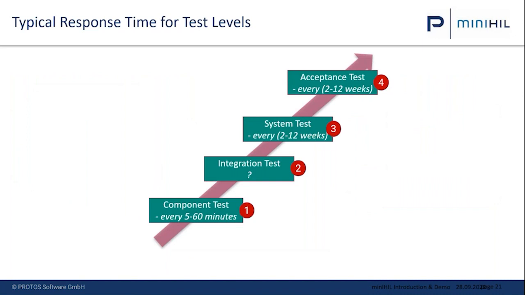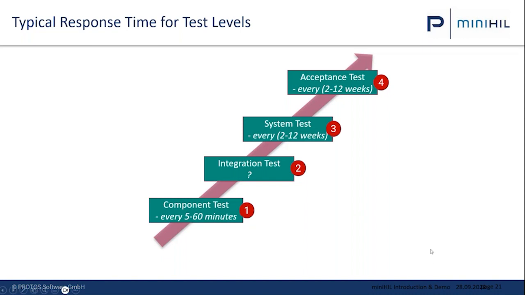So now, what are the typical response times for the different test levels? Because that's essentially what we want to achieve. We want to achieve a very, very fast test cycle. For a component test, for example, a unit test or software integration test, usually you get a response time of a couple of minutes. So you push the button after every change and the test runs. That's easy to do, easy to automate. Please continue doing that.